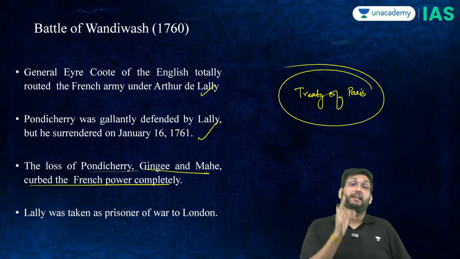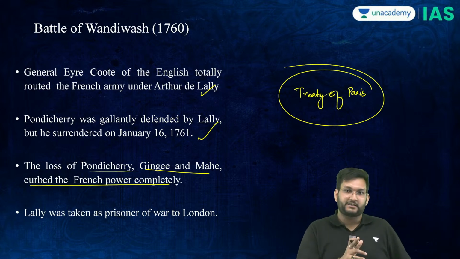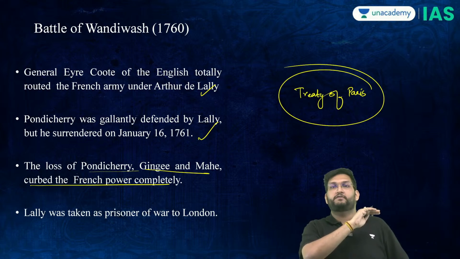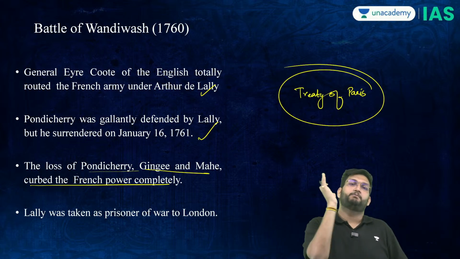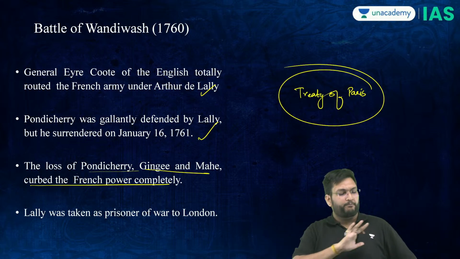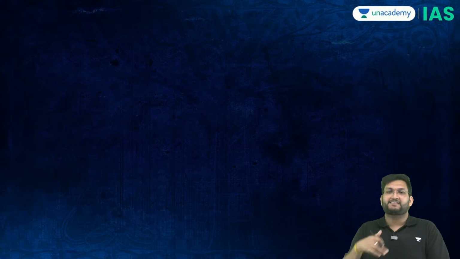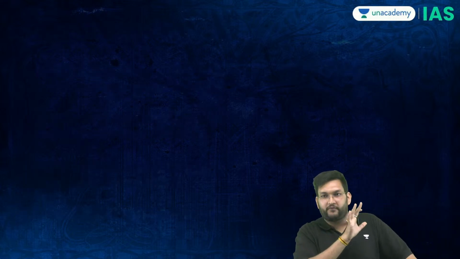The French cannot wage war against the British, and through the Third Carnatic War, the story of the French as a challenge to the British is over. End of story. And therefore, the first episode of the British expanding in India is over.